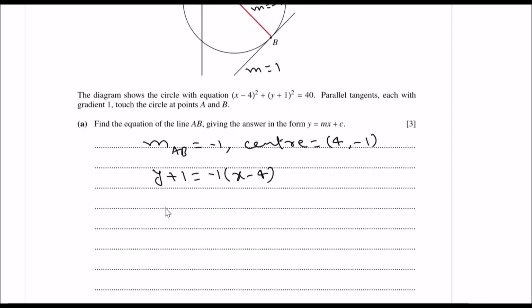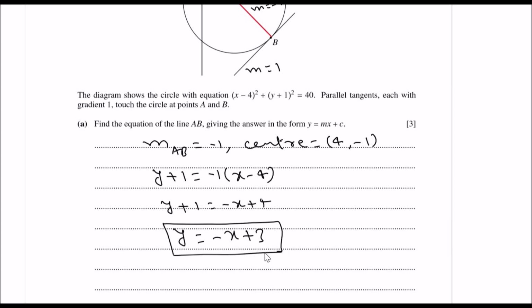Now let us simplify. We get y plus 1 equal to -x plus 4, so we can write y equal to -x plus 3. This is the equation of line AB, or chord AB, or diameter AB, whatever you say.